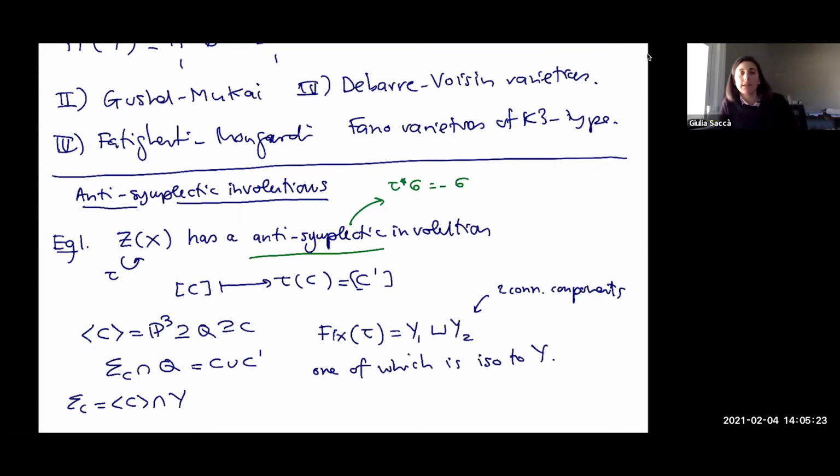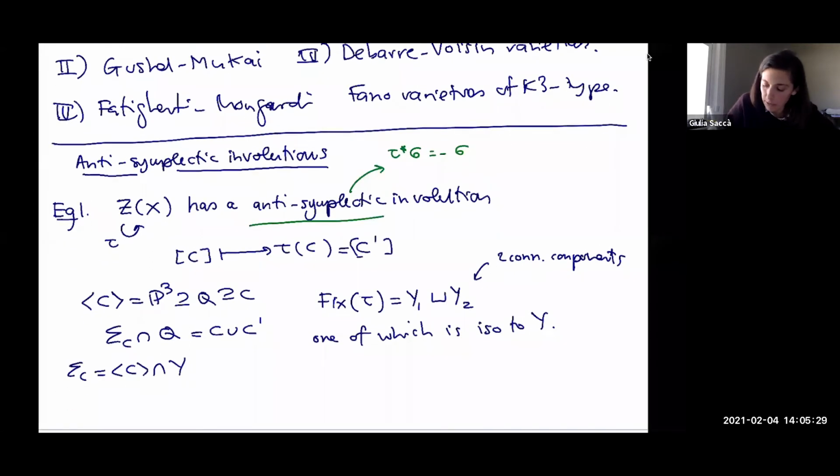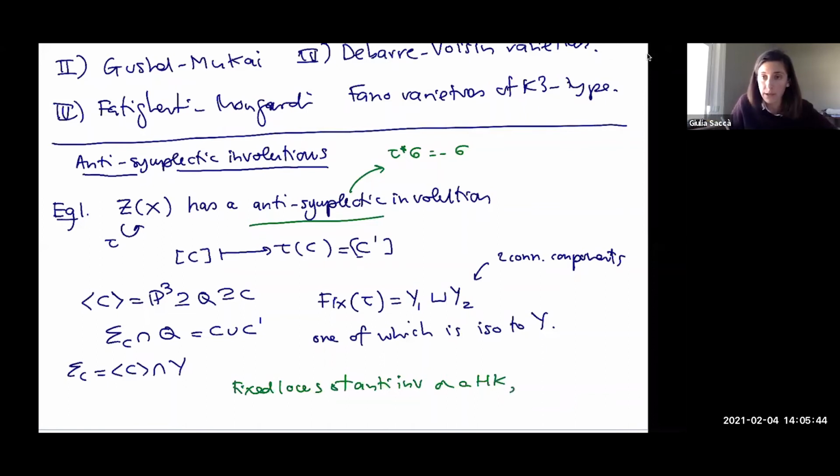So you have this anti-symplectic involution on this eightfold, and the fixed locus is Lagrangian. In general, the fixed locus of an anti-symplectic involution on a hyperkähler manifold is always smooth because it's a fixed locus of a finite group action, but it's a Lagrangian submanifold.